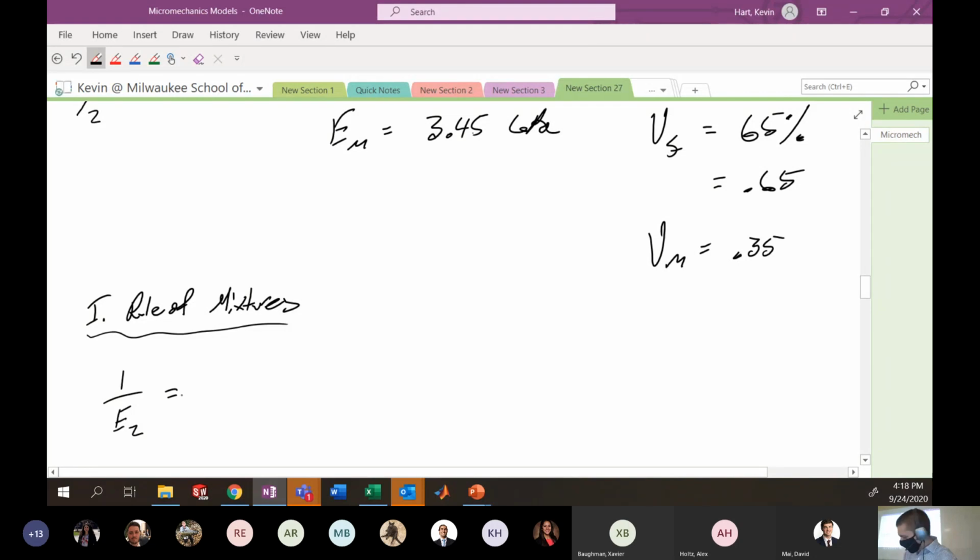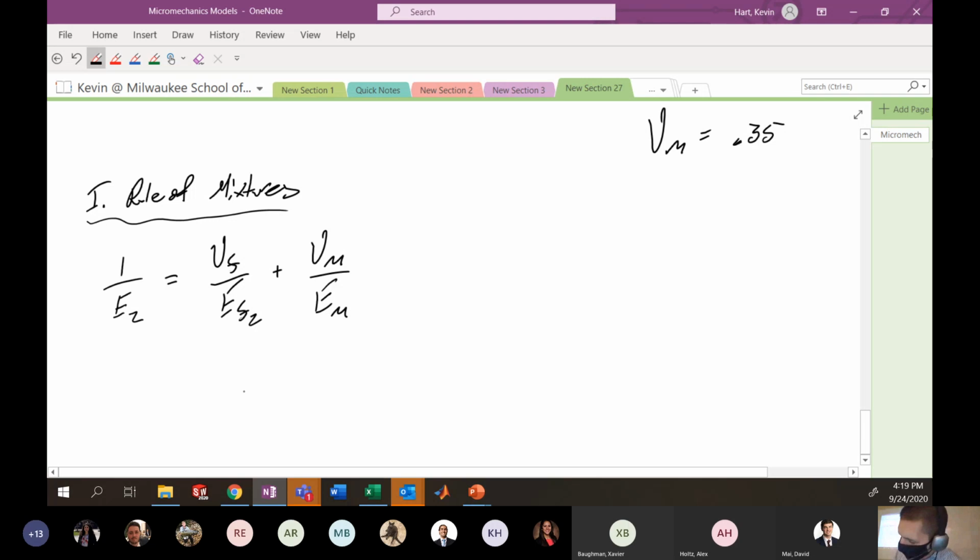That's equal to the volume fraction of the fibers divided by the property of the fiber of interest, so that's E_f2, plus the volume fraction of the matrix divided by the property of the matrix. This would be E_m2, but since the matrix is isotropic, we just write E_m. The matrix does not have any directionality associated with its modulus, so we just write it as E_m.